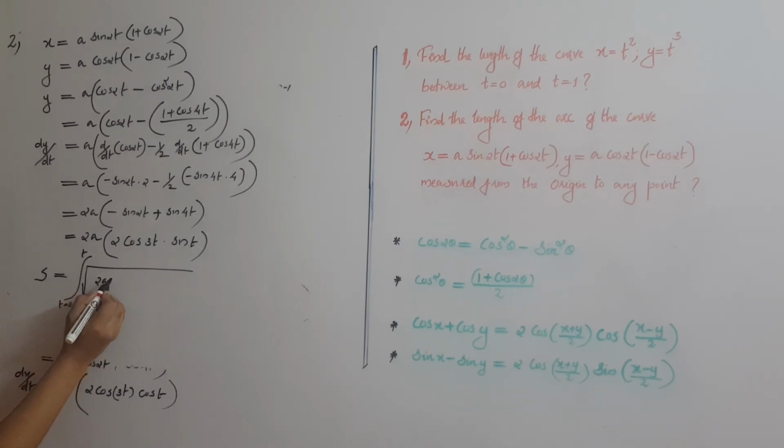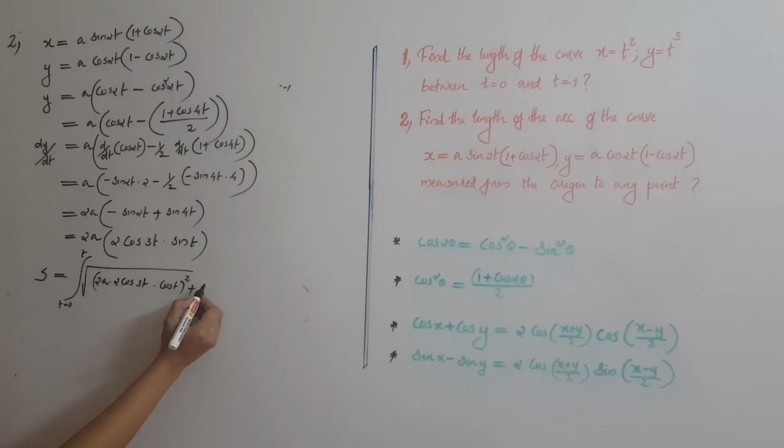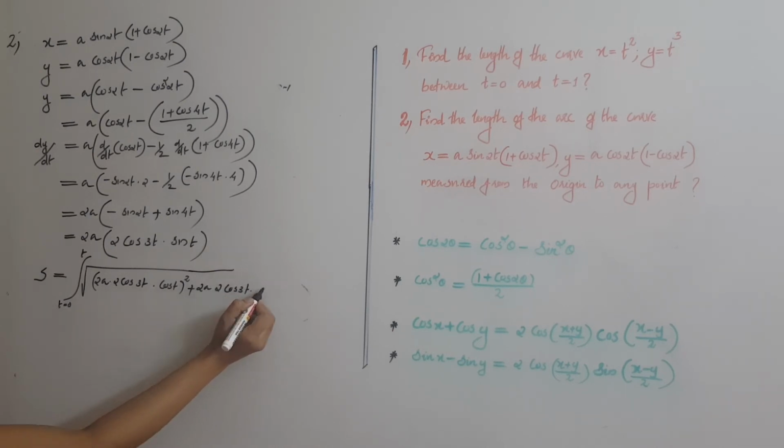That is 2a into 2 cos 3t into cos t the whole square, plus 2a into 2 cos 3t into sin t the whole square into dt.